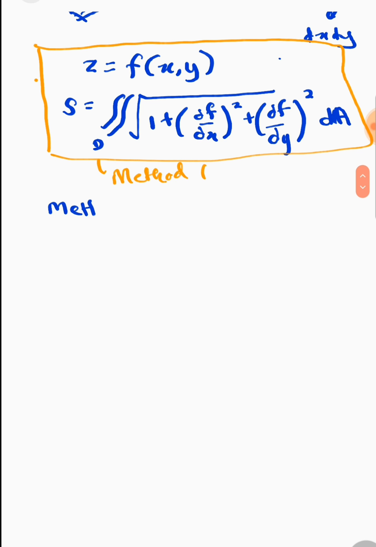Method 2 is usually what we know as the parameterization method. If you recall from what we discussed in your lecture, parameterization is for you to take points in a different vector. Let's say we take this vector in terms of u and v.